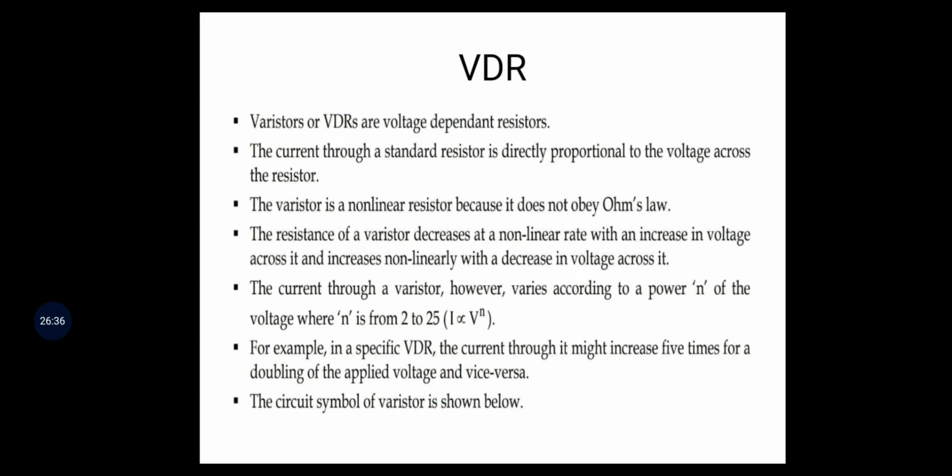The varistor is a non-linear resistor because it does not obey Ohm's law. The resistance of a varistor decreases at a non-linear rate with an increase in voltage across it, and the non-linearity increases with a decrease in voltage across it.